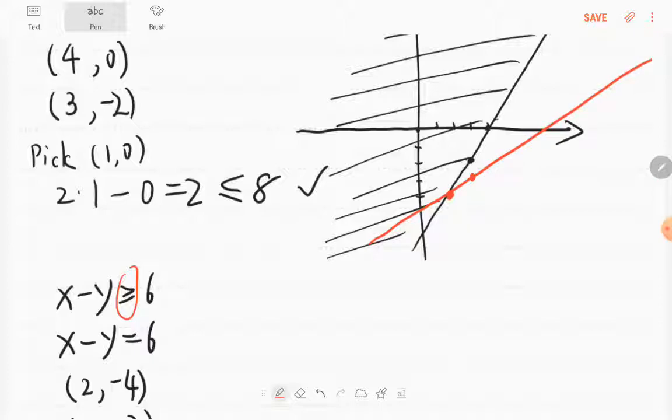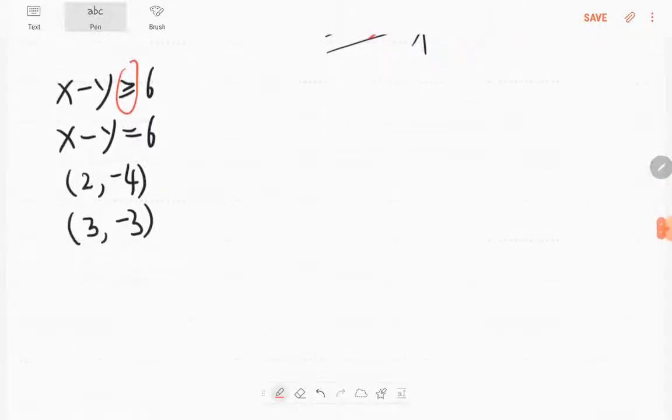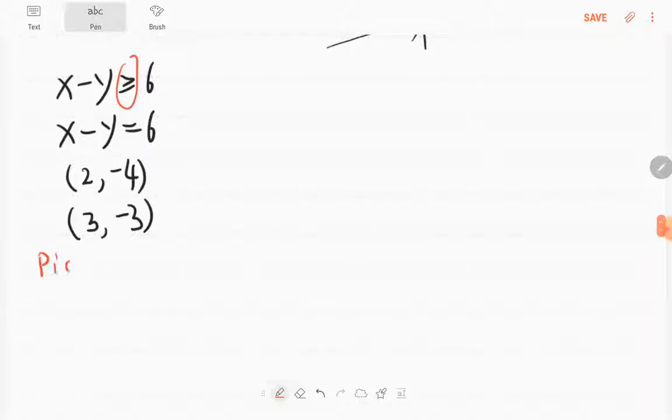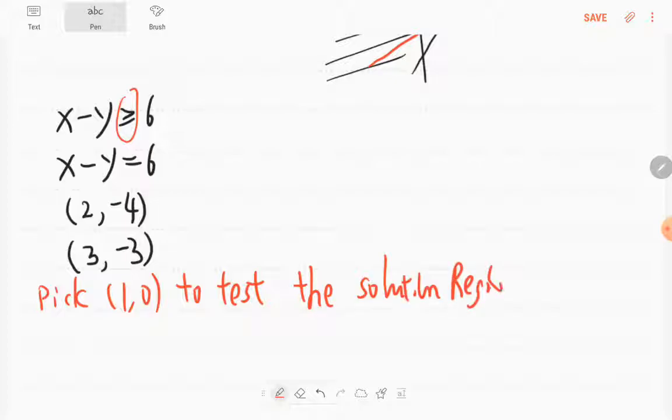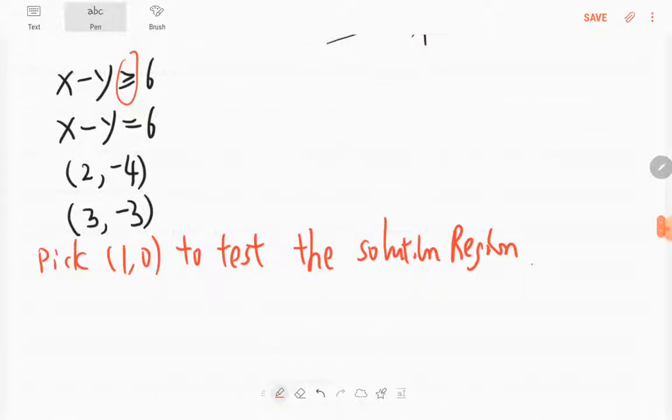But which plane? We still pick the (1, 0) point to test the solution region. We plug in: 1 minus 0 equals 1. Is 1 greater than or equal to 6? No, this is wrong.